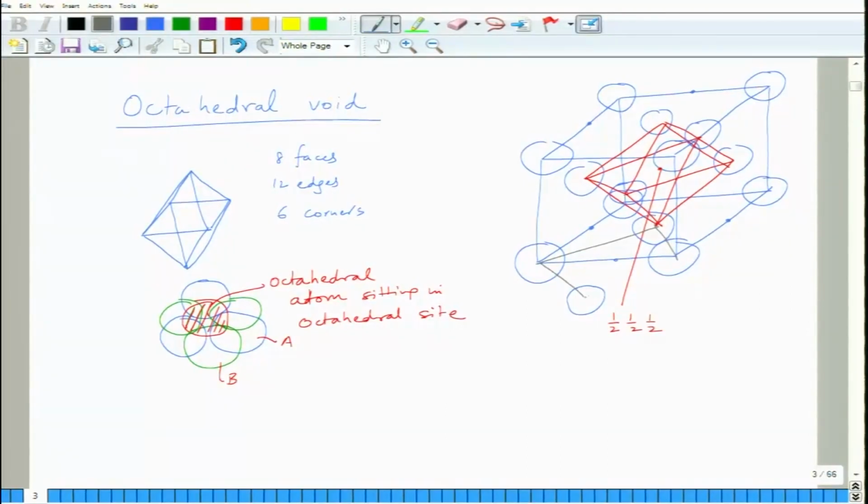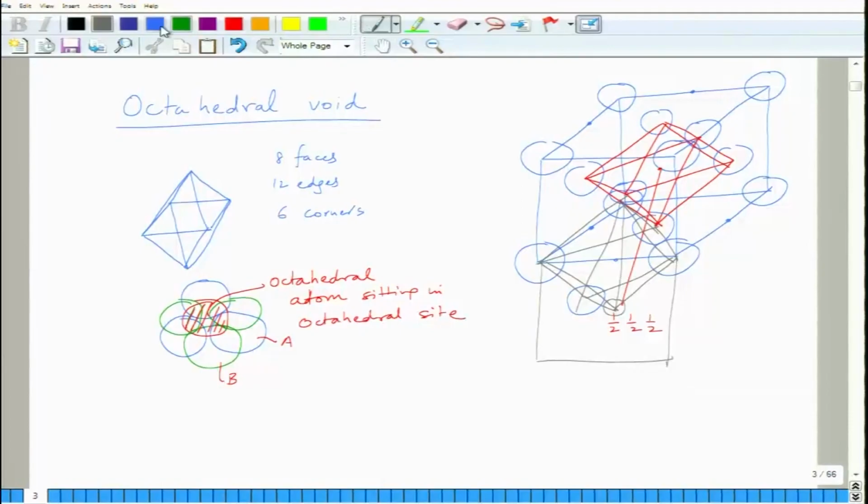This will connect to that. You can connect this to the atom at the face center, and the one at the bottom face will also be there, right? So this will again connect to, so this will be an octahedral void. So all the edges will also be octahedral, the centers of the edges will be octahedral void locations.